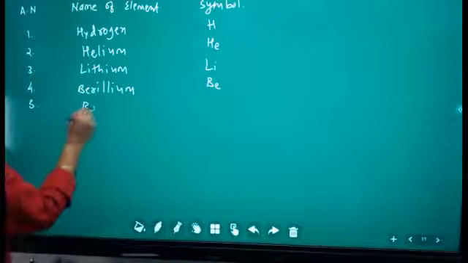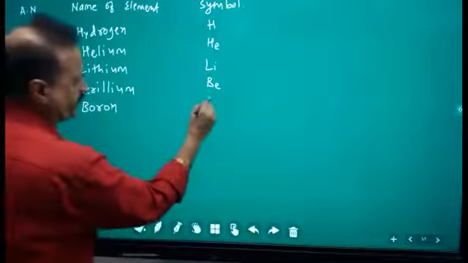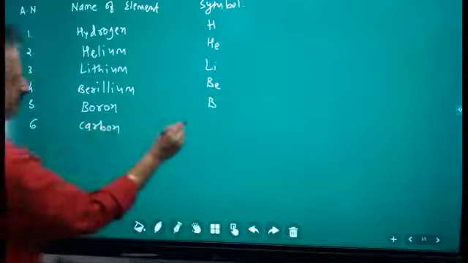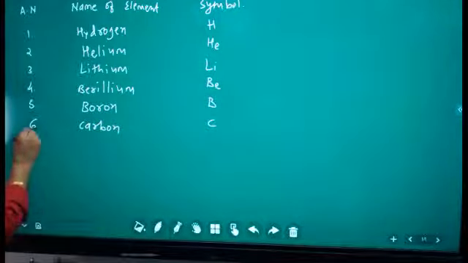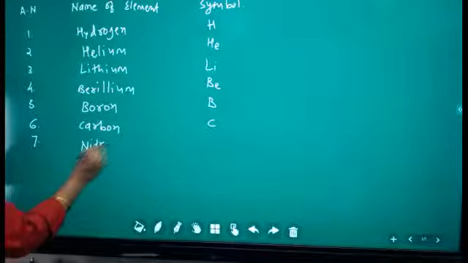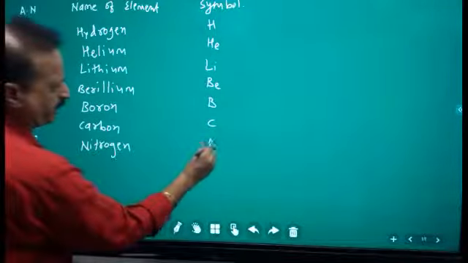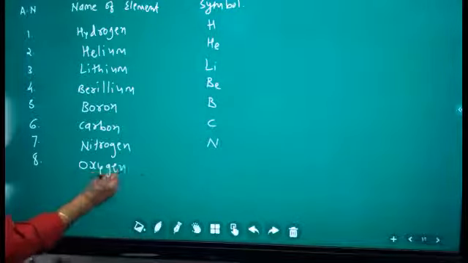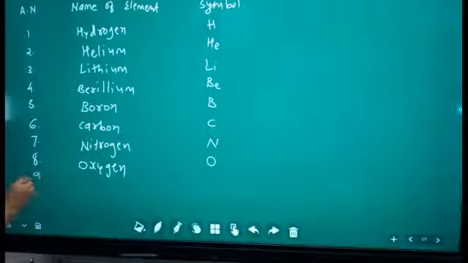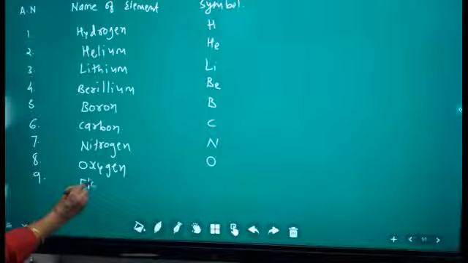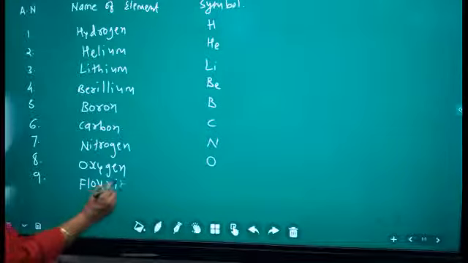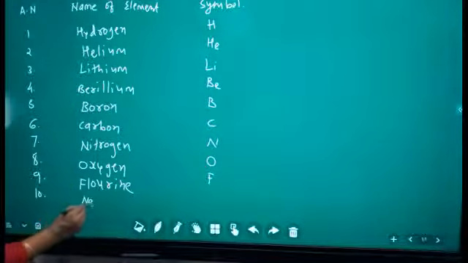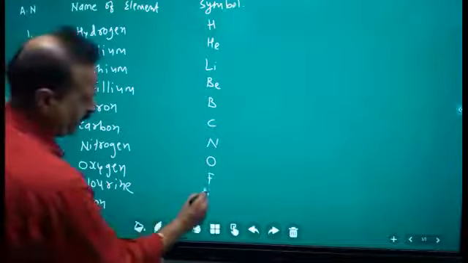5 number boron, capital B. 6 number carbon, capital C. 7 number nitrogen, capital N. 8 number oxygen, capital O. 9 number fluorine, capital F. 10 number neon, capital N and small e.